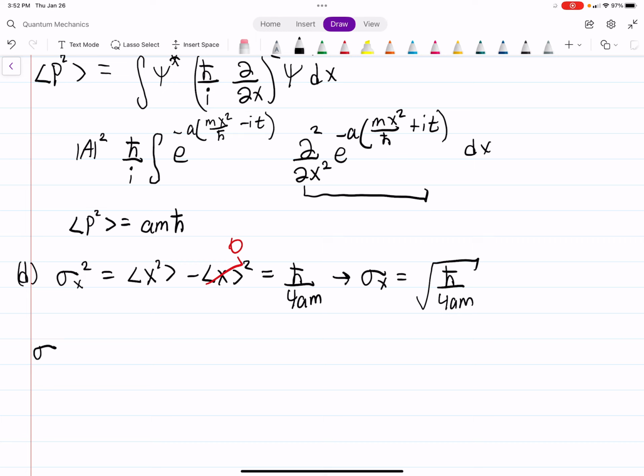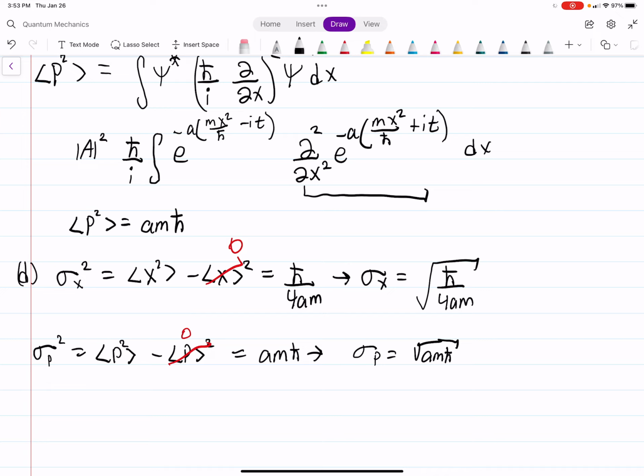And then we can do something similar for sigma p. Once again, this was 0. So this is equal to just a m h bar, with squaring both sides. That just gives us sigma p equal to the square root of a m h bar.